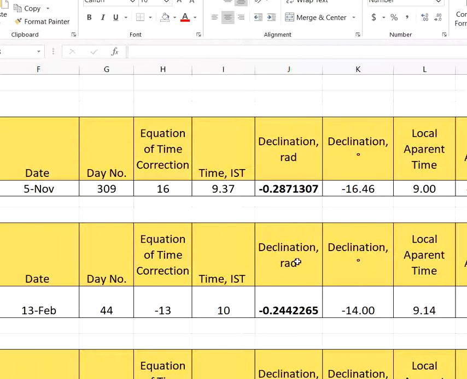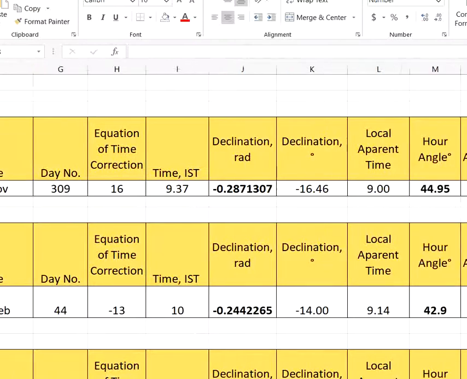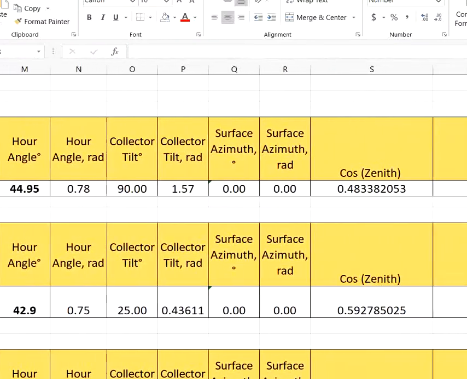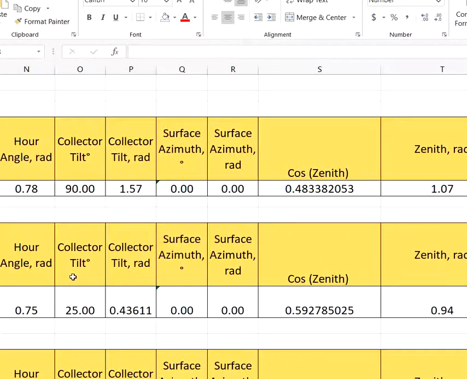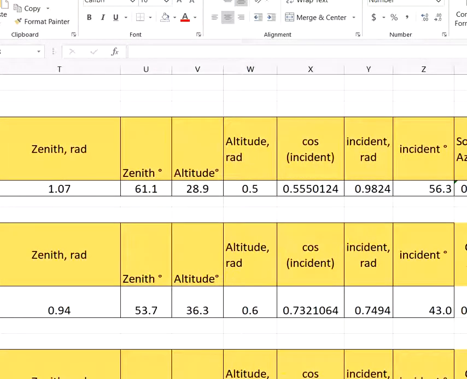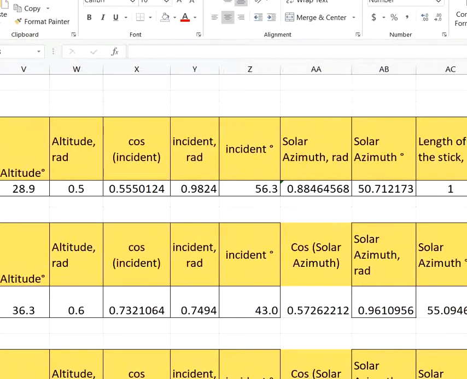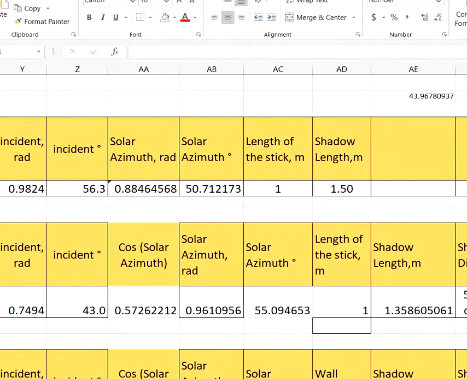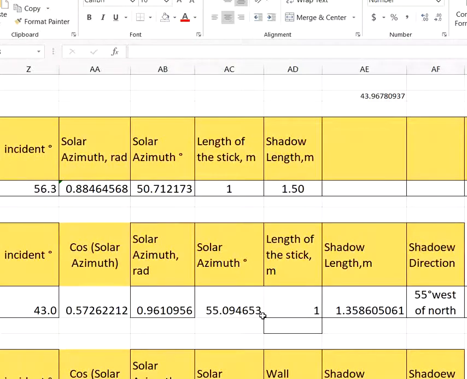Then the time is given, declination in radians. If you go to this side, collector tilt is given, surface azimuth, zenith, and the length of the stick is given.